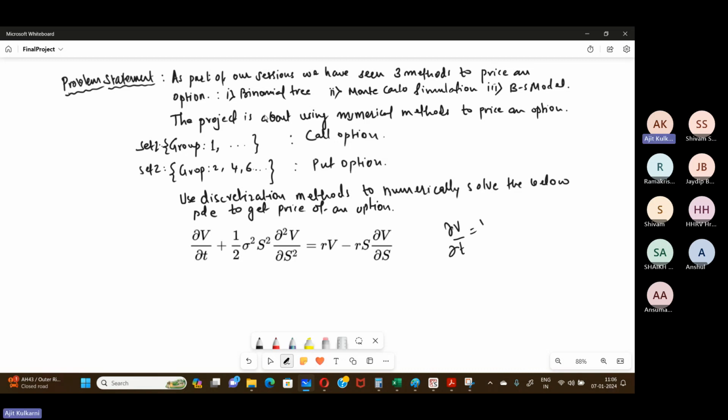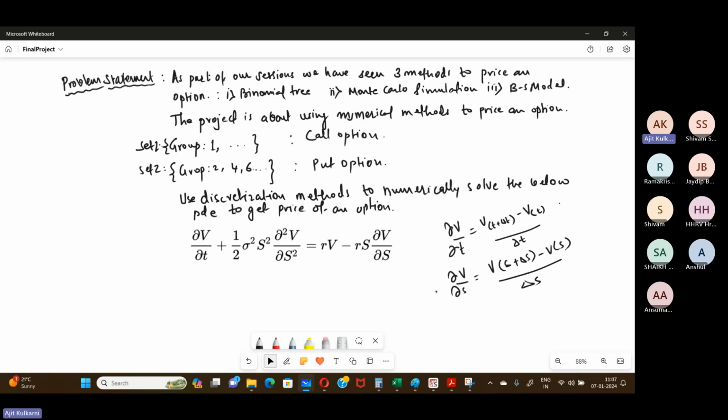You can write this as v at t plus delta t minus v at t, divided by delta t. Similarly, you can write dou v by dou s is equal to v at s plus delta s minus v at s, divided by delta s.